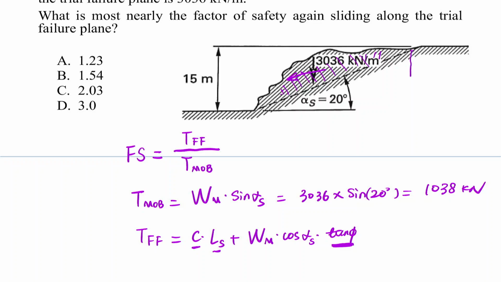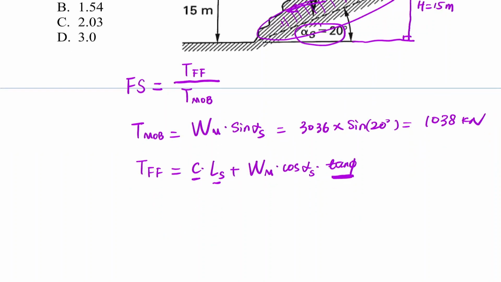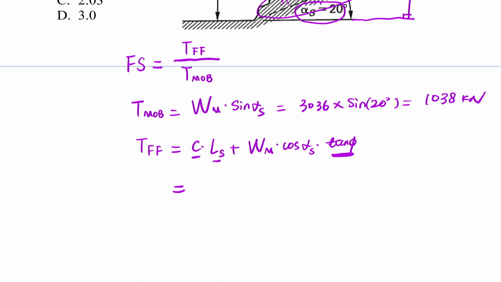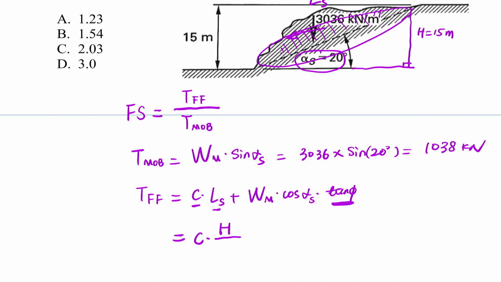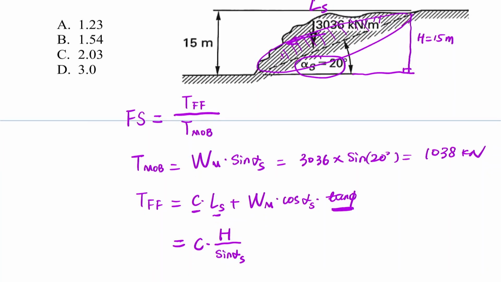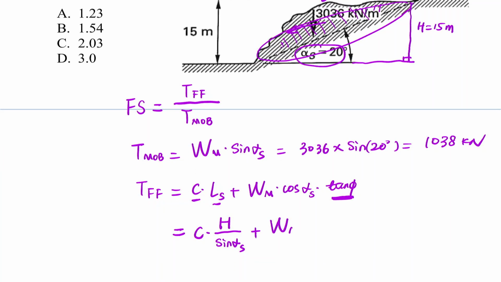We don't know the length of the slope, but we do have the height, which is 15 meters. With this slope, we can easily use some simple trigonometry and figure out the length of the slope, Ls. So for our case, the Ls is essentially H over sine I for S, right? Everything else we should know from the problem.